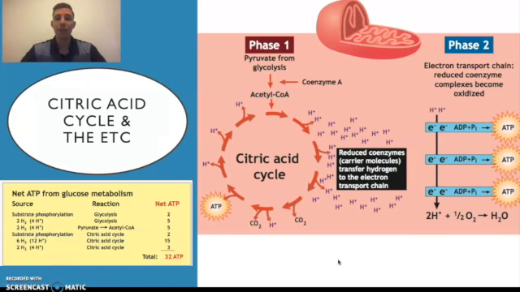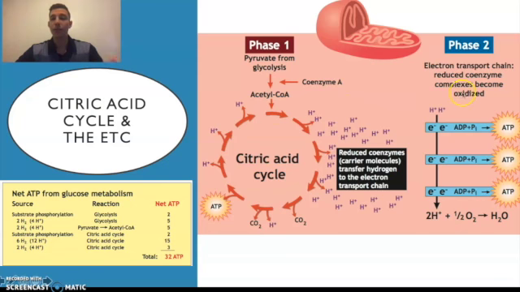Okay, so here's the next diagram that walks through phase 1 and phase 2, basically the citric acid cycle, or the Krebs cycle, and then the ETC. As we were talking about, pyruvate from glycolysis gets turned into acetyl-CoA using that linked step there, and then a massive amount of hydrogen ions or hydrogen atoms come out of the citric acid cycle and are transported to the ETC, while a small amount of ATP, I think it's 2 ATP, is generated in the citric acid cycle as well as the CO2.